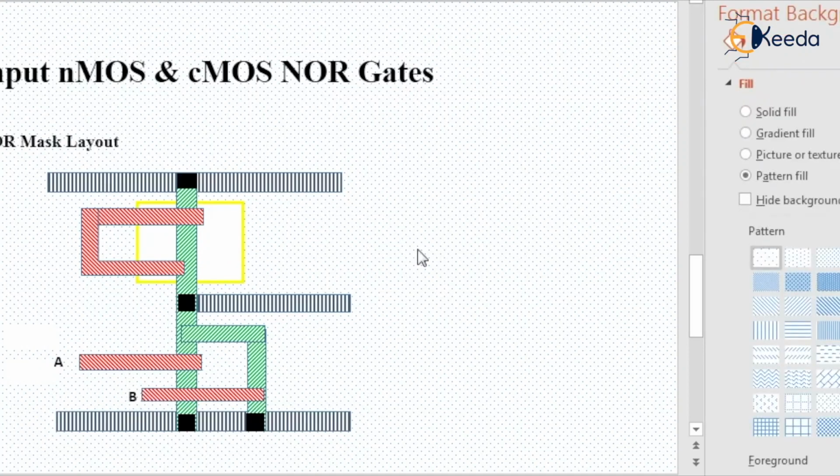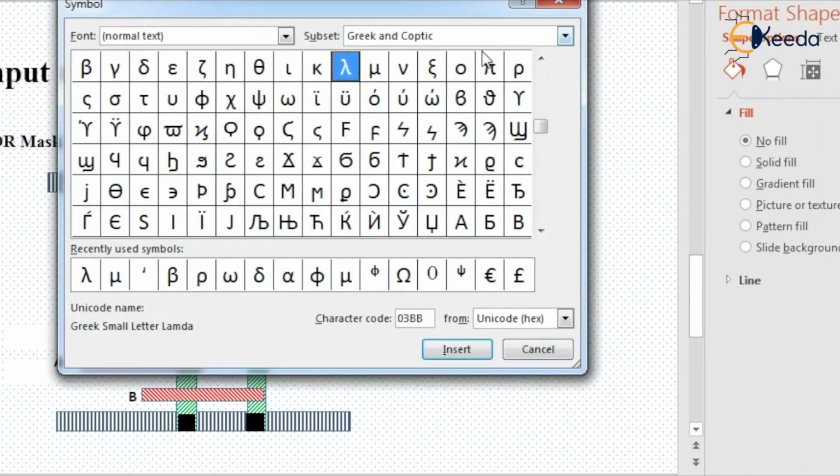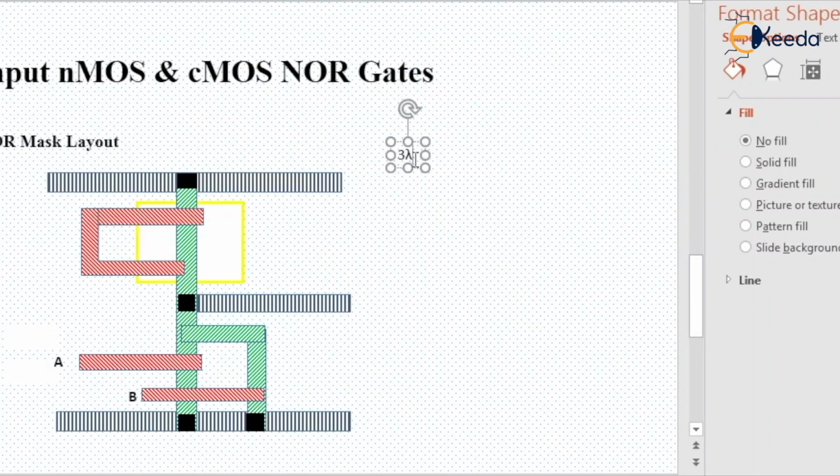So if you wish to add the design rules, lambda based design rules, also we can add. So 3 lambda is the minimum width for the metal. So insert symbol lambda, close. So I am adding this one.